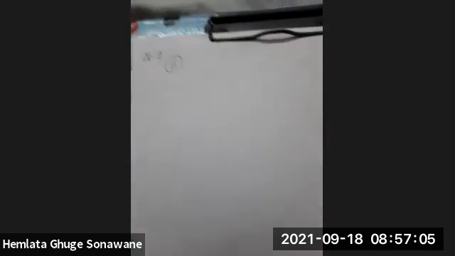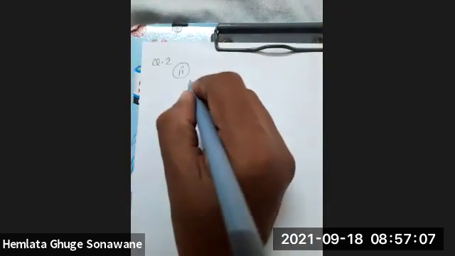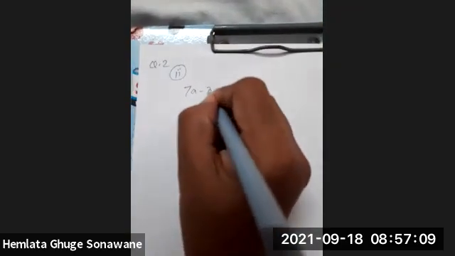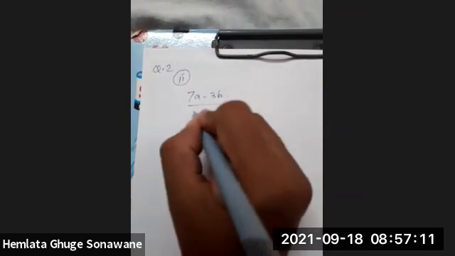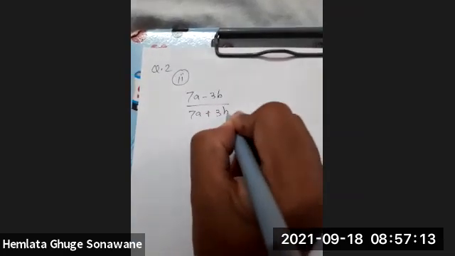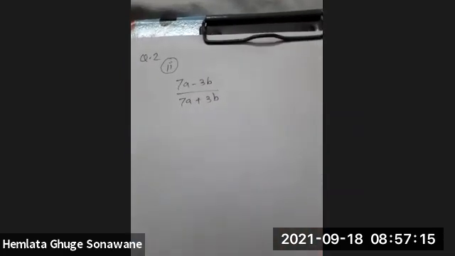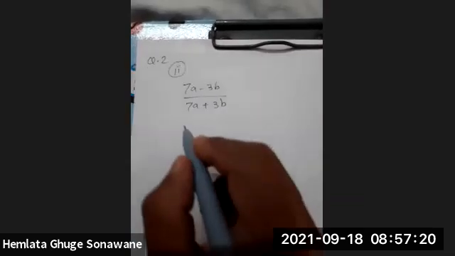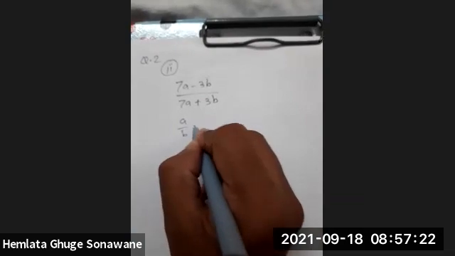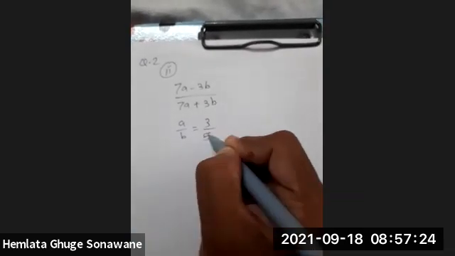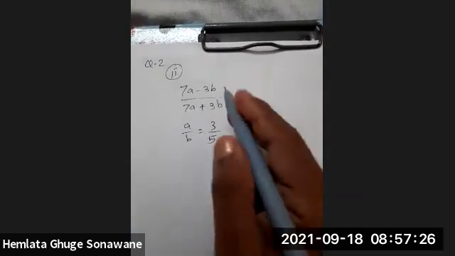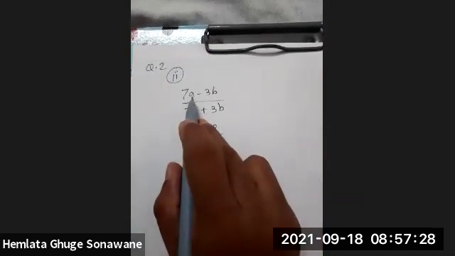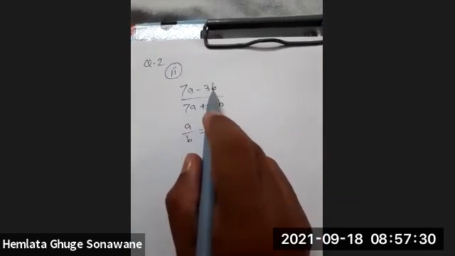This ratio we have to find out. Okay, now we have found the value of a upon b, that is ratio a upon b. We have got 3 upon 5. Okay, now look at the example, 7 with a and 3 with b.